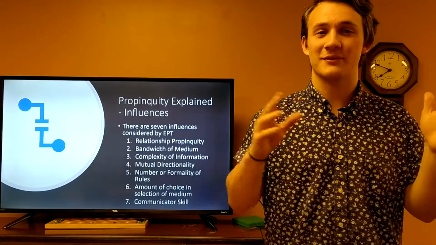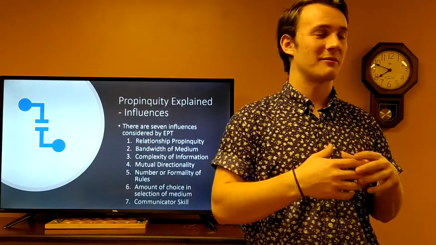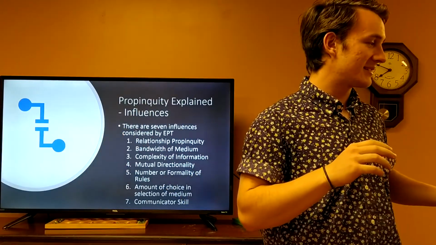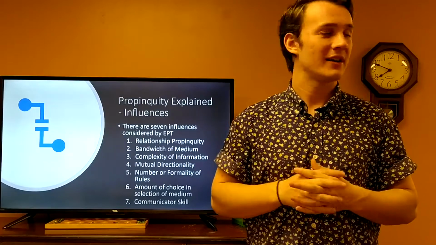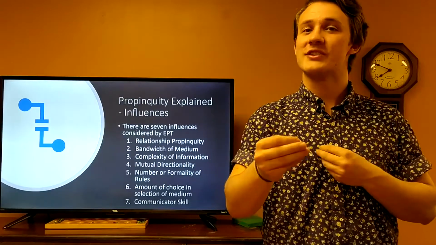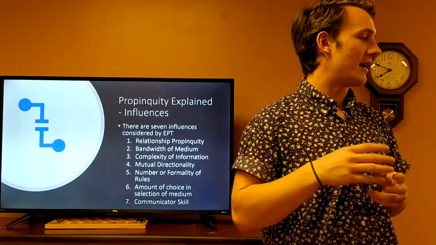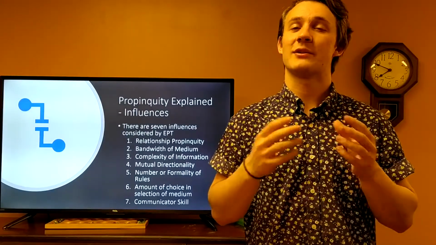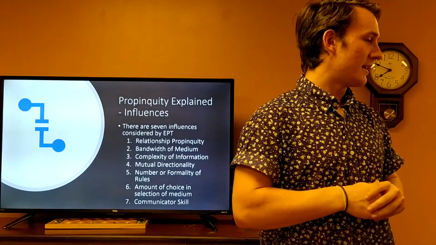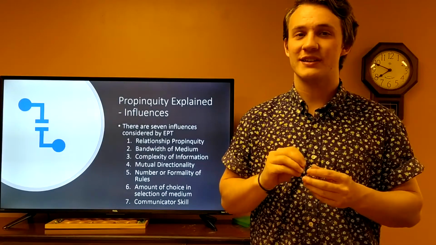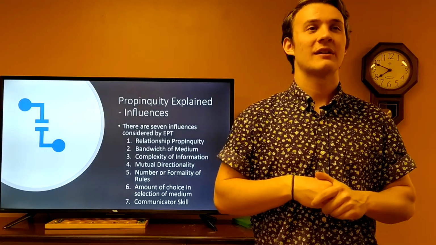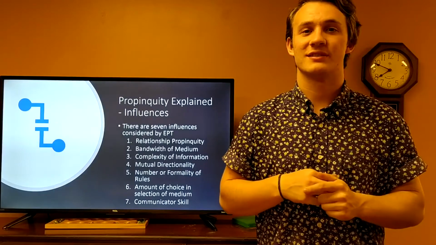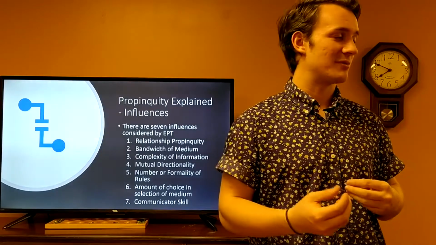Number 2 is the bandwidth of the medium, that richness that we talked about previously. Number 3, the complexity of the information that needs to be shared. Number 4, the mutual directionality, or that feedback. Number 5, the number or formality of communication rules, so similar to that natural language constraint from previous. Number 6, the amount of choice in selection of medium. And finally, the communication skills of the two participants.